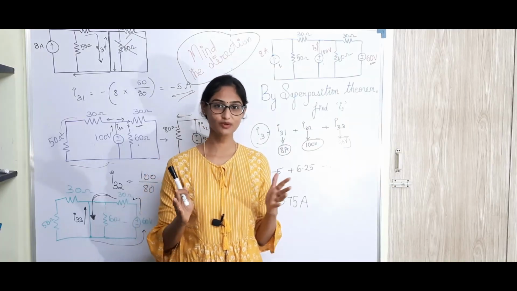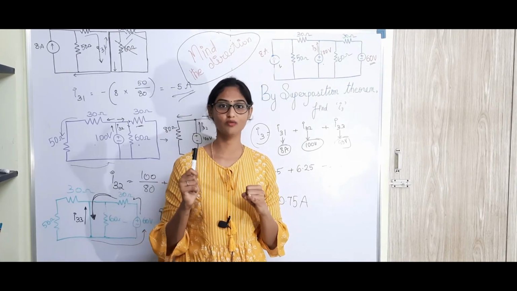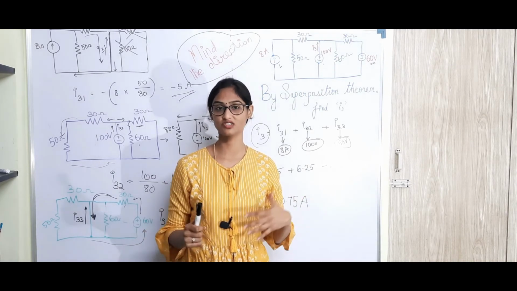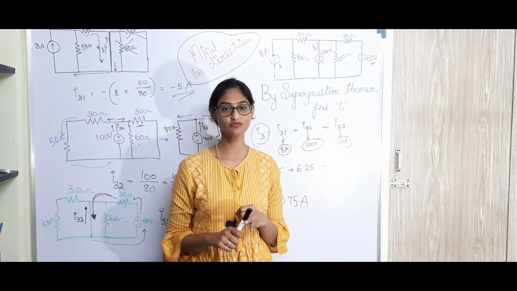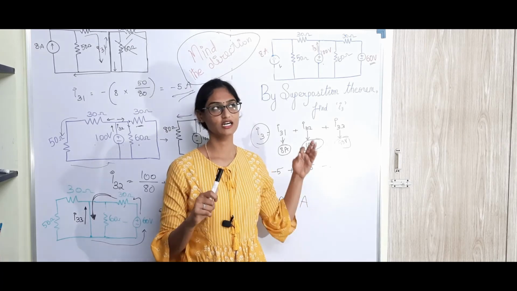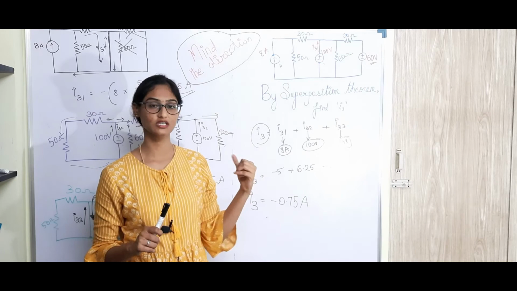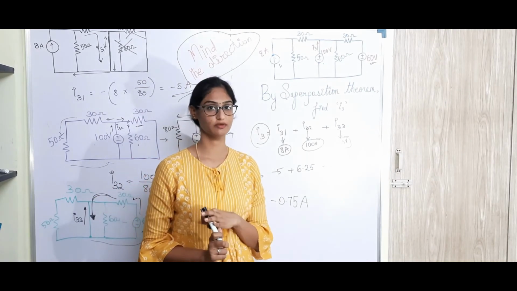I hope by this time you guys would have watched my videos on superposition theorem. One video was on the method of superposition theorem, the definition and the terms and the conditions where you can and you cannot apply. And the next video will be how to apply superposition theorem to a circuit. And there will be another video on the dependent sources present in a network and how to use superposition theorem when you find a dependent source.